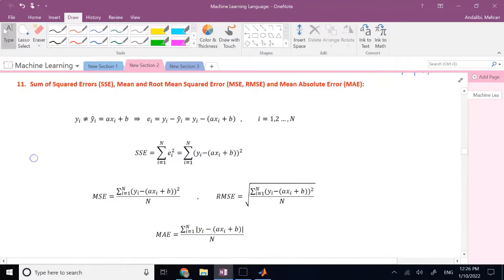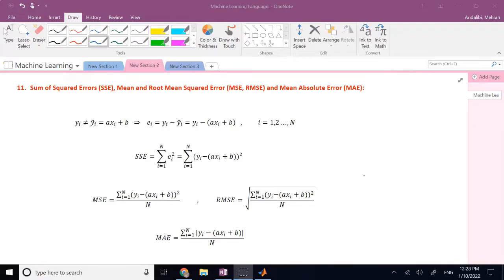The next topic we have to cover is called sum of squared errors, mean squared errors, root mean squared errors, and mean absolute errors. And these are some of the things we use a lot in machine learning. So the meaning of them is very clear, but I just want to emphasize.